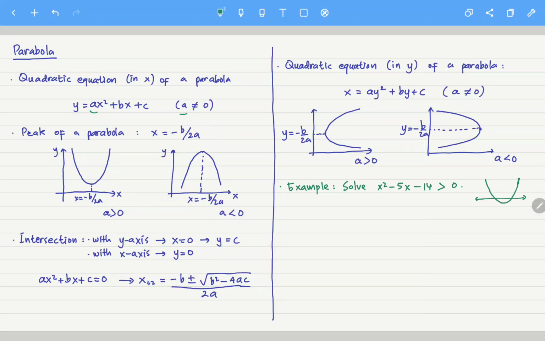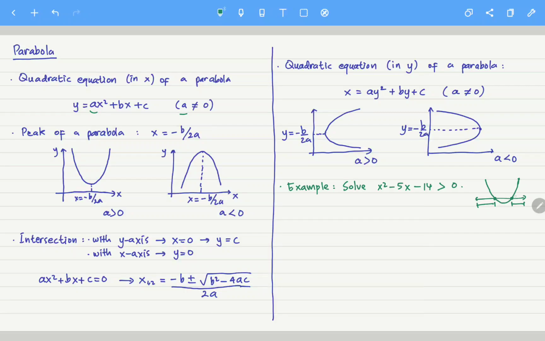We can try to find first the intersection with the x-axis. Let's say, for example, if we have 2 points, then the solution for this equation greater than 0 should be in this part and this part.